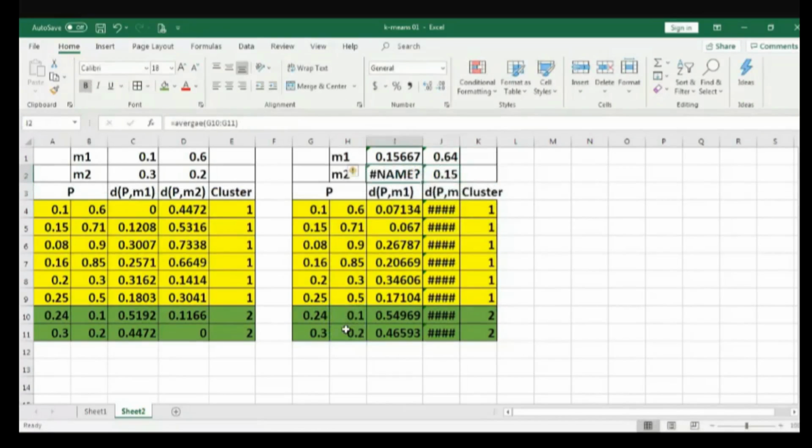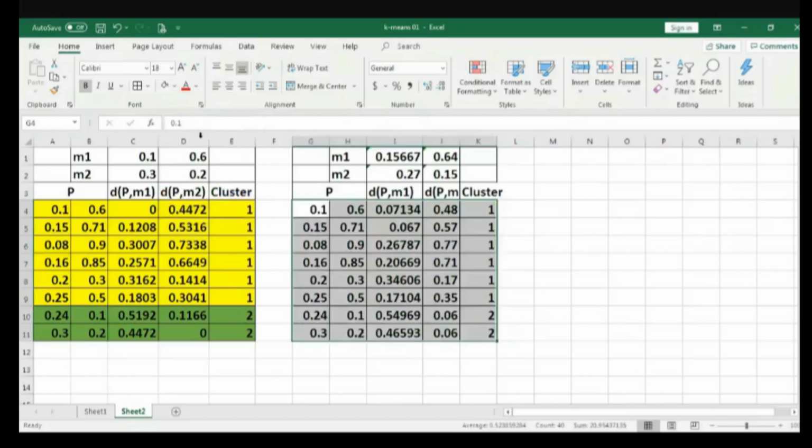Now since I have changed this, I will again remove the color. This has already come, because we have already updated this value.